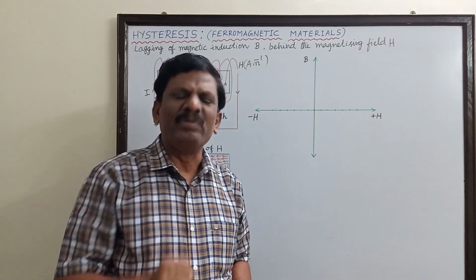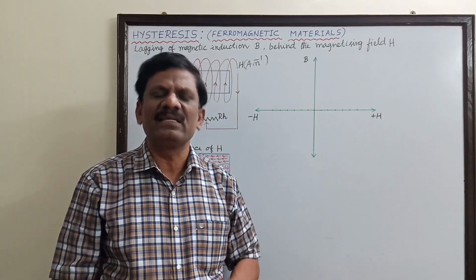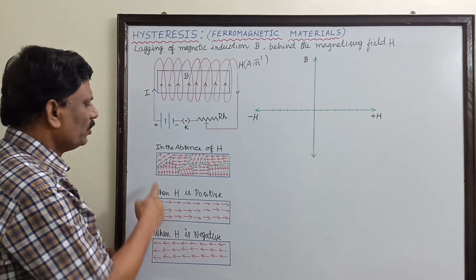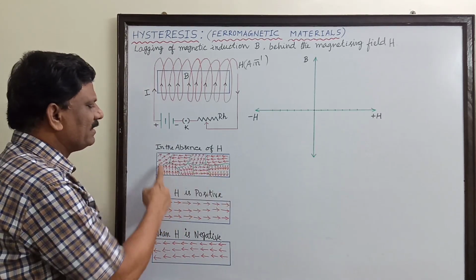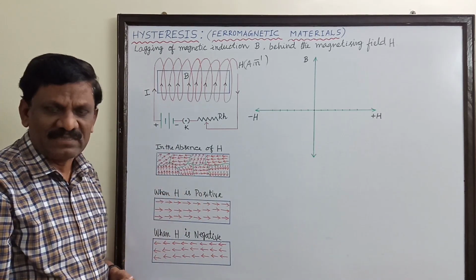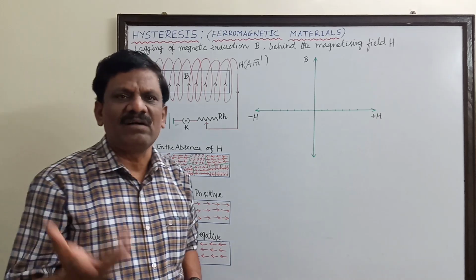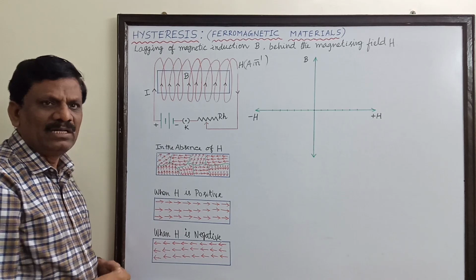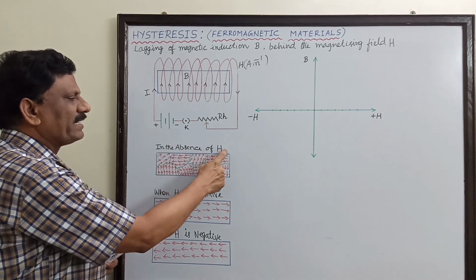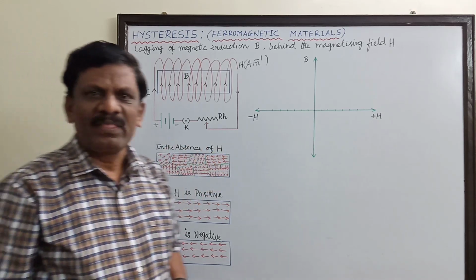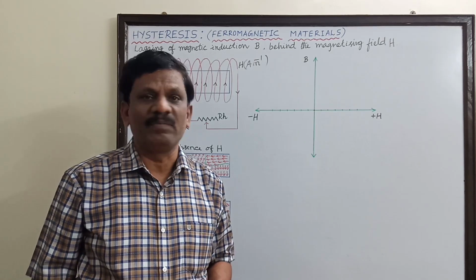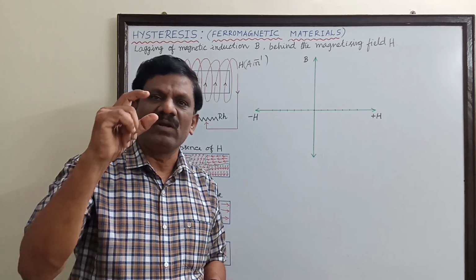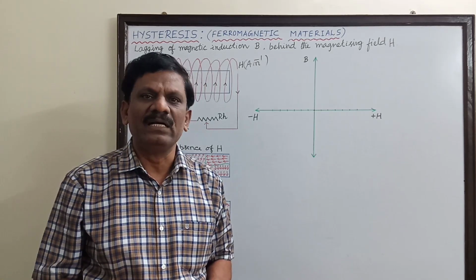Okay. Now, what is actually happening? What is the atomic picture inside the sample? Let us see now. This is the sample of the ferromagnetic substance, say steel or soft iron or simply iron. So this is an iron rod in the absence of the external magnetizing field. When no magnetizing field is applied, it is simply an iron rod held in our hand.